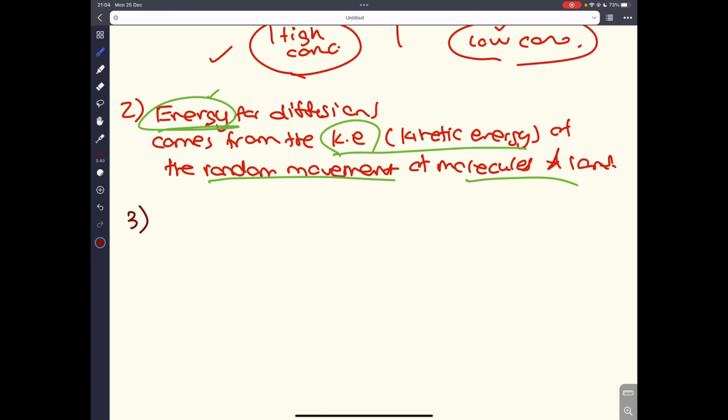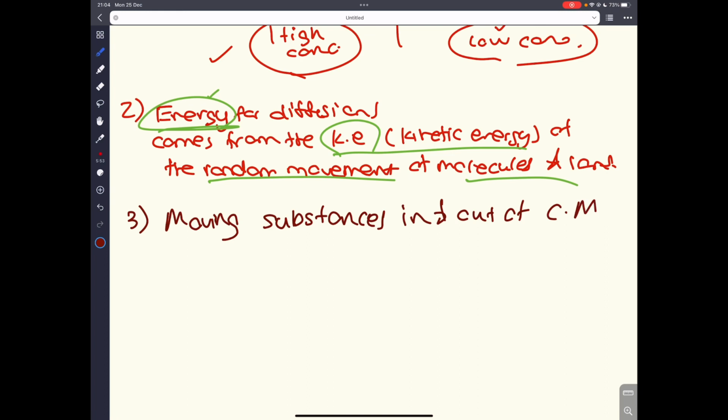So, moving substances in and out of the cell membrane. I'm going to write it as a short form, cell membrane. There are essentially two ways of moving substances from the outside to the inside of the cell membrane, or from the inside to the outside.